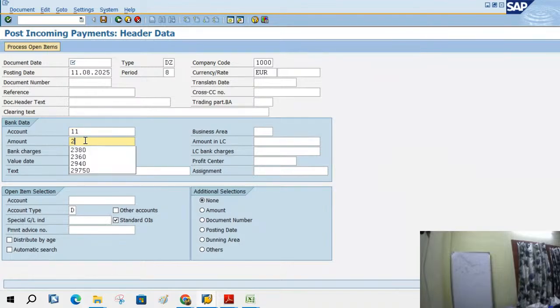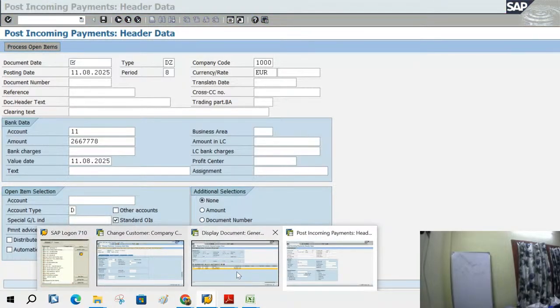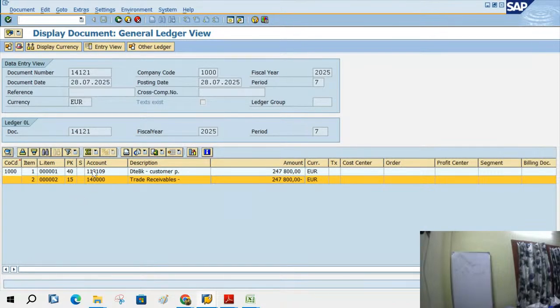The total amount she has entered is 2 lakh, whatever that amount is. And she has entered the customer ID here. So that money goes into this bank, and this is the GL account in which the money is going. Am I clear?